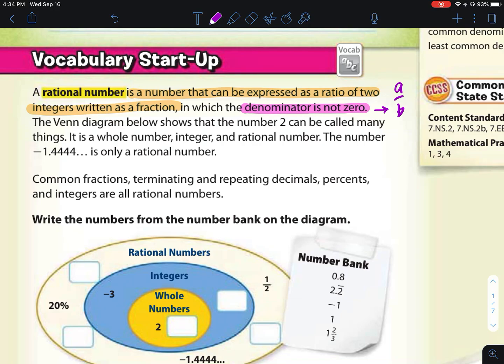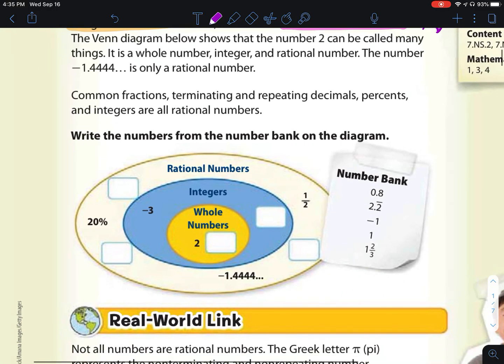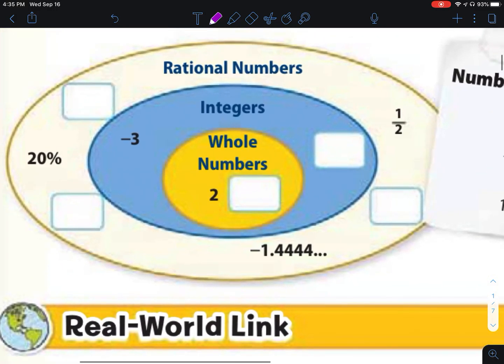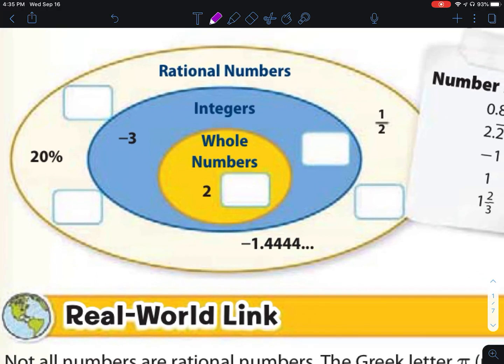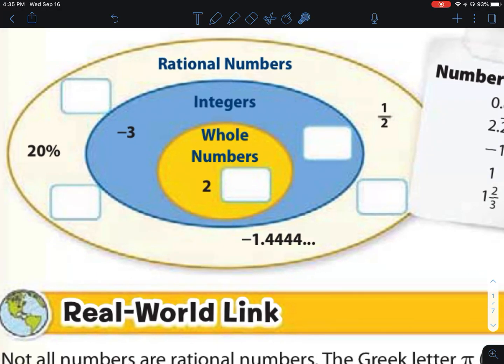In 6th grade, you learned about a Venn diagram. And in this Venn diagram, we are going to compare the classification of numbers. So we have rational numbers, integers, and whole numbers. Now, if you study our Venn diagram, whole numbers is the smallest sphere here.